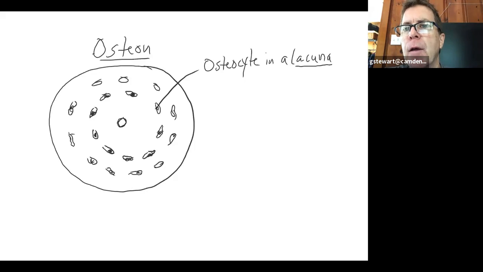So we've got big perforating canals coming off of this haversian canal, but then there are smaller canals as well that reach to these lacunae where the living cells are. So they're isolated to some degree.